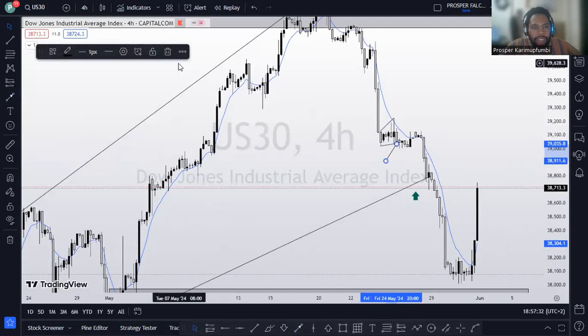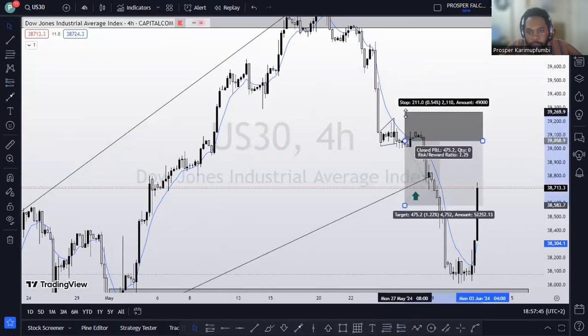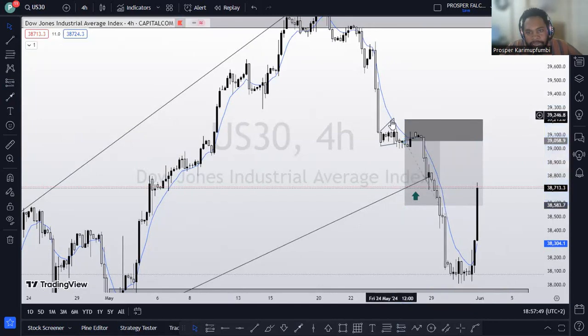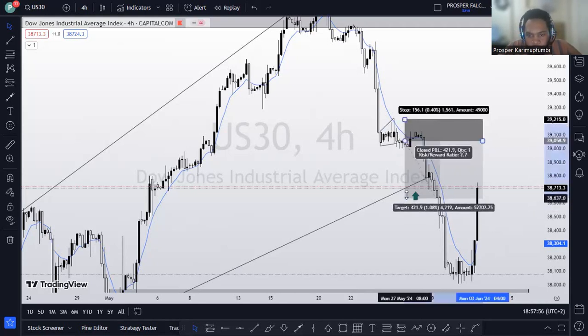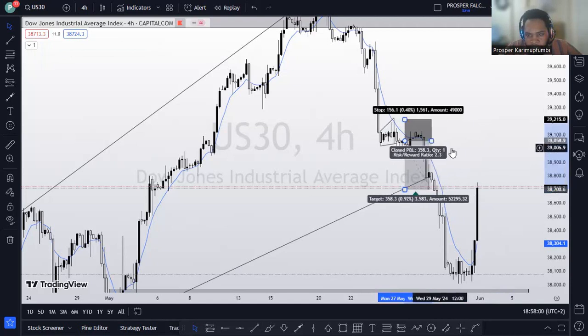So I was expecting it to break below this support on this structure, and then my entry was exactly at this point, and my stop loss was slightly above the highest point on this structure, right? And I was expecting to short up until something like this area.